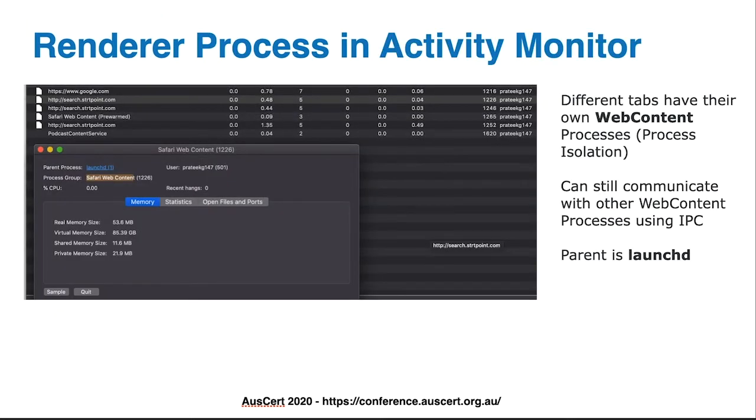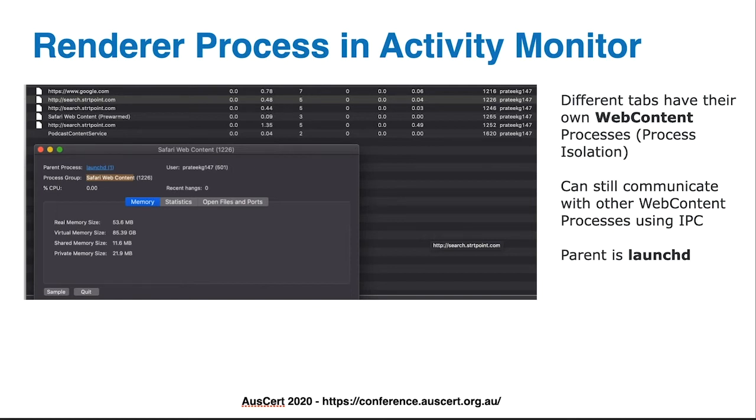So if you actually open Safari and you open different tabs, you will see that all these tabs run as their own process, and the name of the process is WebContent. This is a way to implement the same-origin policy within the browser. However, the different tabs can also communicate with each other using IPC.